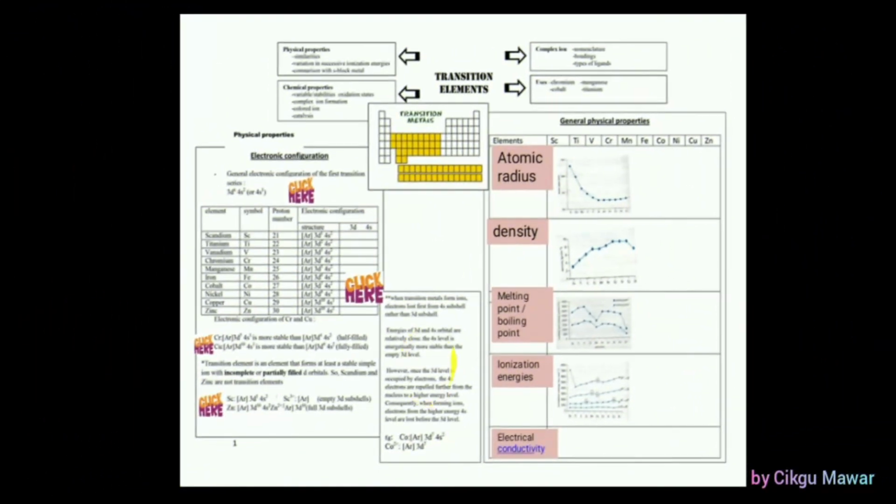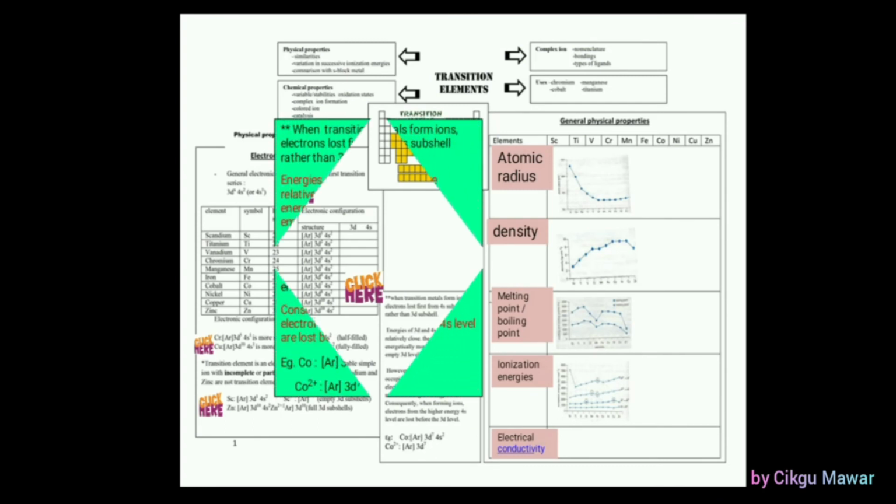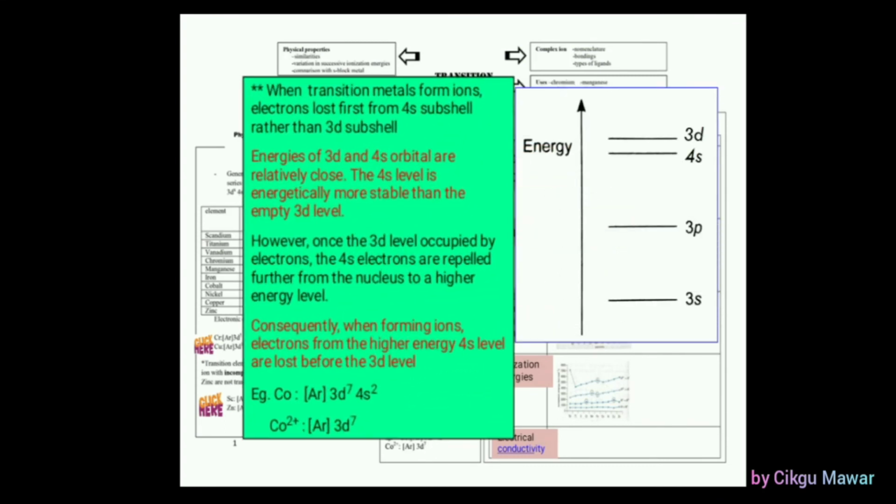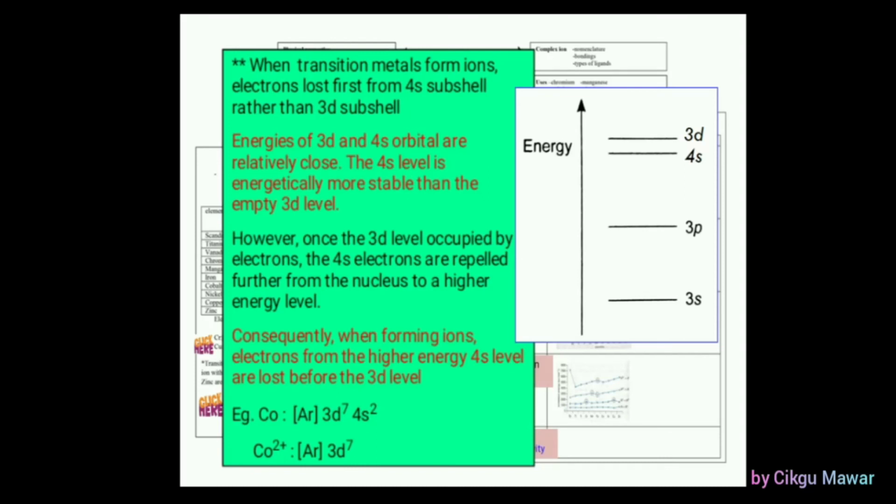Now let's see this part. When transition metals form ions, electrons are lost first from the 4s subshell rather than the 3d subshell. If you look at the energy level diagram, the 3d orbital has higher energy compared to the 4s orbital.